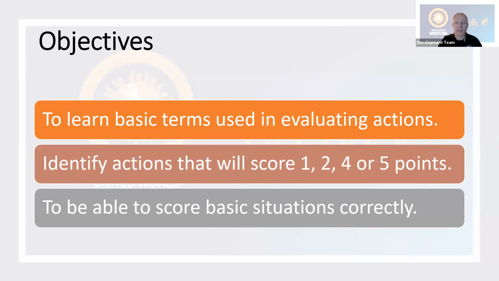Certainly, we're not going to be able to cover everything that exists in wrestling because it's such a dynamic sport that there are lots of ways to score. So we're just going to go through some basic examples. And then hopefully at the end of this, we'll be able to score a basic situation correctly. Like if you're watching a video online and wondering what the score is, hopefully by the end of today, you'll be able to watch that and accurately score it. So those are what we hope to accomplish today.